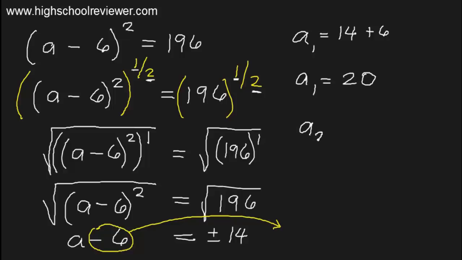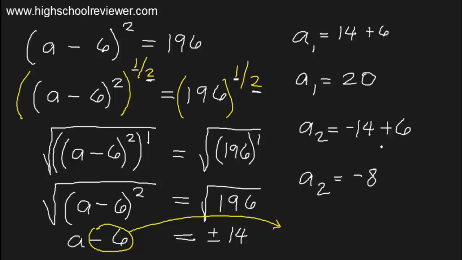Our a sub 2 will be negative 14, and then we will have positive 6. So our a sub 2 will be equal to negative 14 plus 6. This will give us negative 8. So positive 20 and negative 8.